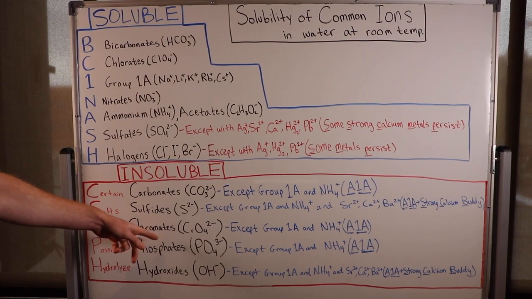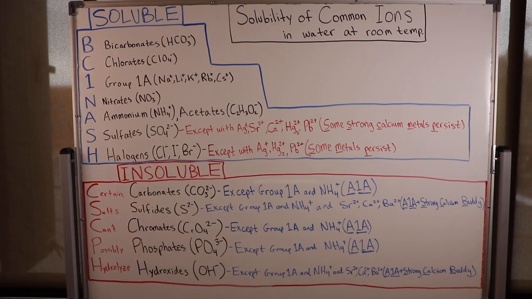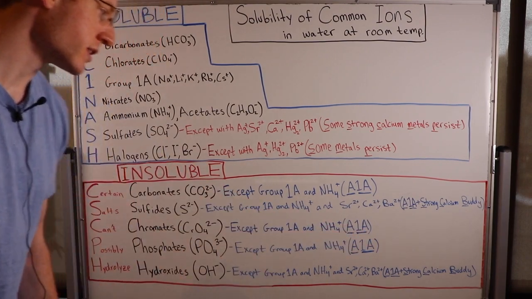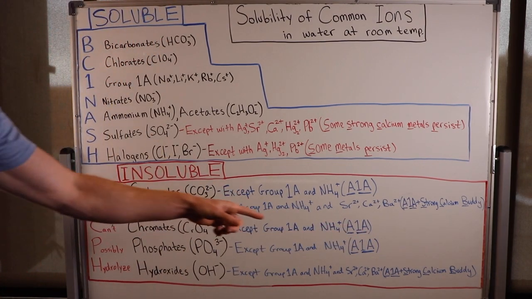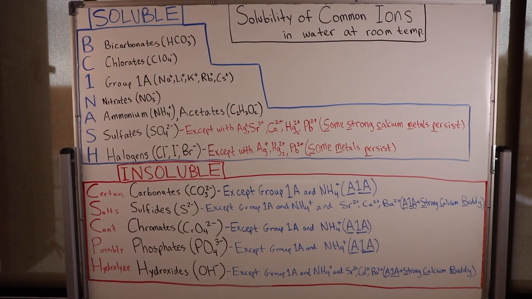Okay, moving on to the chromates. These are in general insoluble unless it's got this A1A exception, unless it's bonded to ammonium or a group 1A element. For example, ammonium chromate would be soluble because it's an exception to the insoluble general rule.